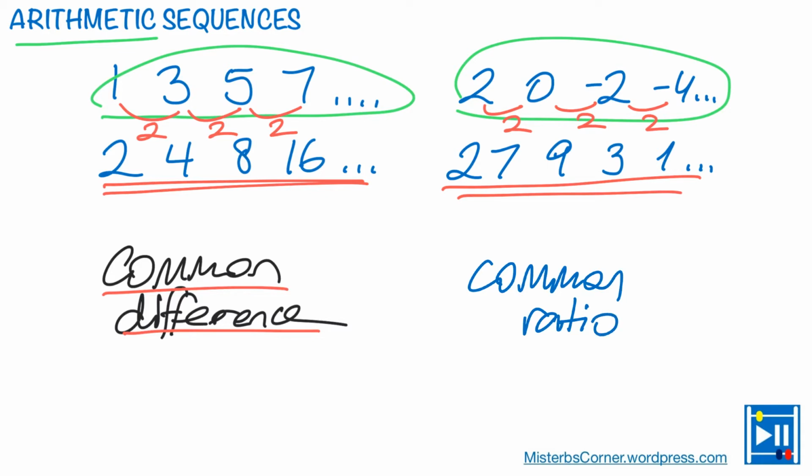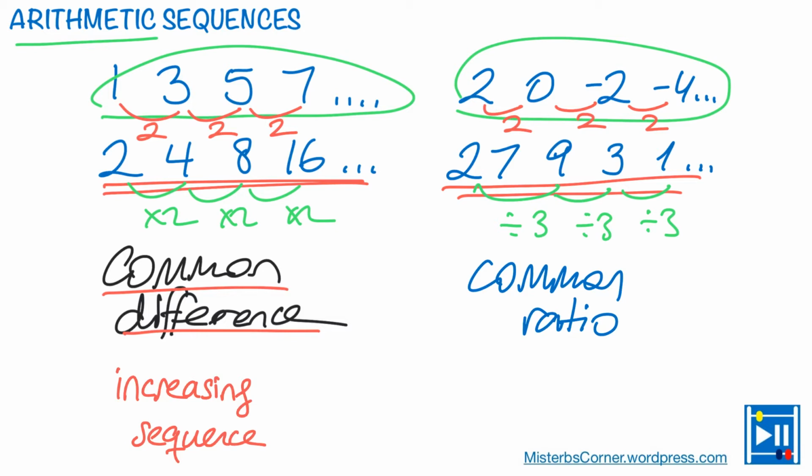So you just multiply, say, by 2, so it's times 2, times 2, times 2, or you divide by a certain number to get the next term. If your sequence goes bigger and bigger with every term, it's called an increasing sequence, whereas if it goes smaller and smaller by each term, then it is a decreasing sequence.